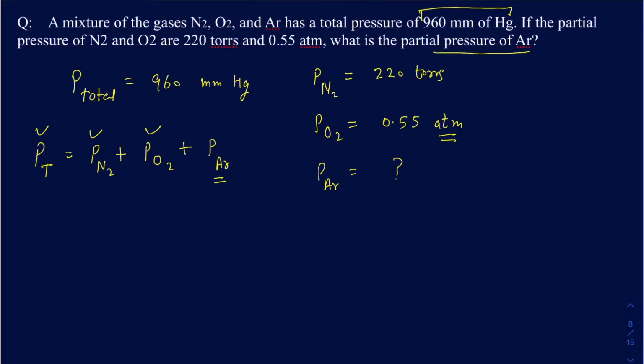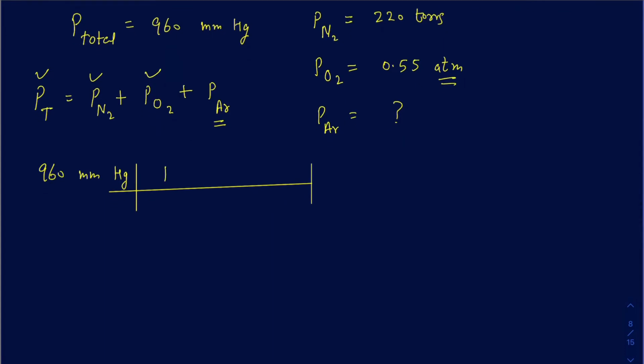So let's go ahead and convert this 960 mm of mercury into atmospheres first. What's the conversion factor there? Remember, 1 atmosphere is equal to 760 mm of mercury. The mercury cancels out, and you are left with 960 divided by 760, which is going to be 1.26 atmosphere.